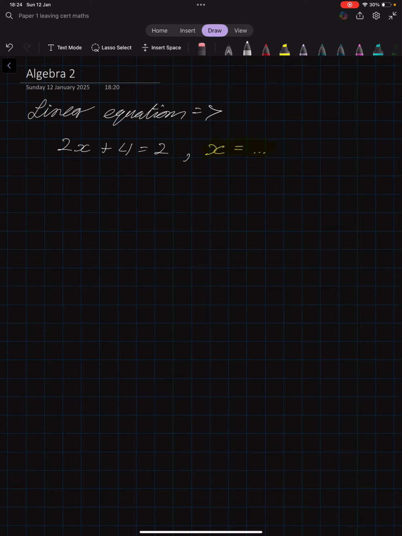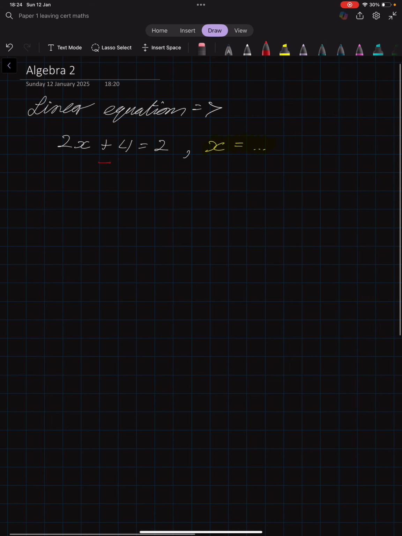If I want to get rid of plus 4, all I have to do is the opposite of it, okay? So I can minus 4 on both sides. Both sides are equal, and therefore, if I want to do anything to them, I must also do the same thing on the other side to ensure that they stay equal.